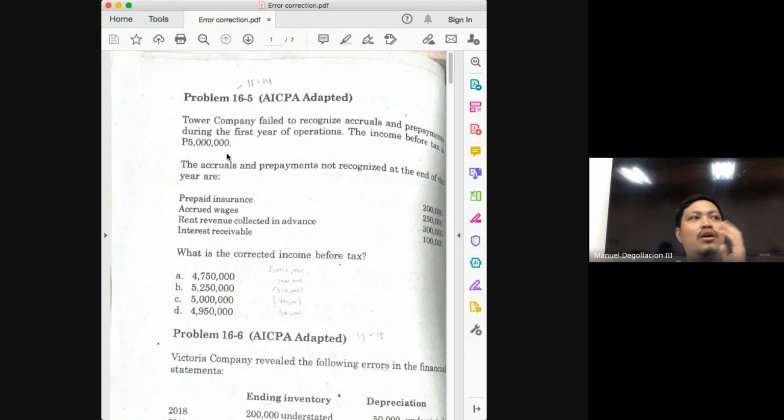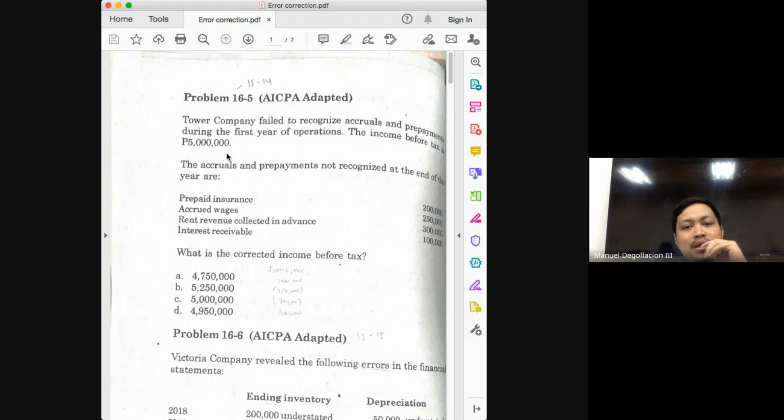If we fail to do that, class, what happened? Or first, how do you recognize accrued wages, class? What would be your entry? The goal here is to record the liability arising from the salaries and wages expense. So, if we did not fail to record this at the end of the year, what would have been the adjusting entry?